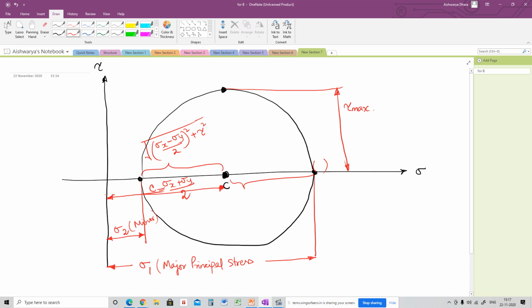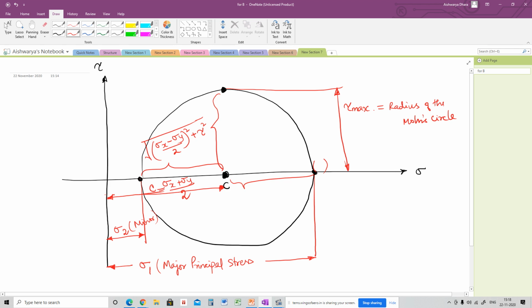Some questions can also ask that the plane of maximum shear is also equal to the radius of the Mohr's circle.